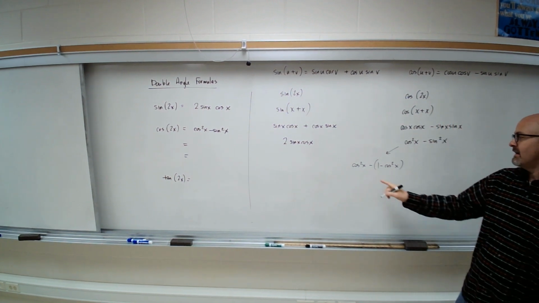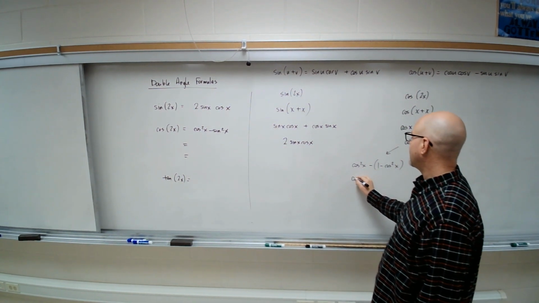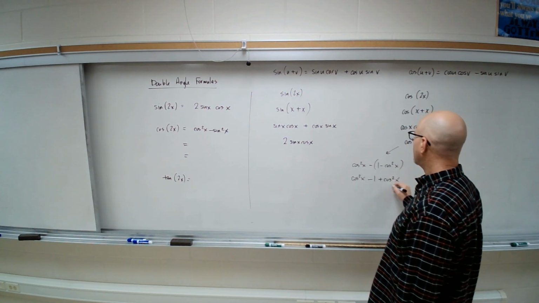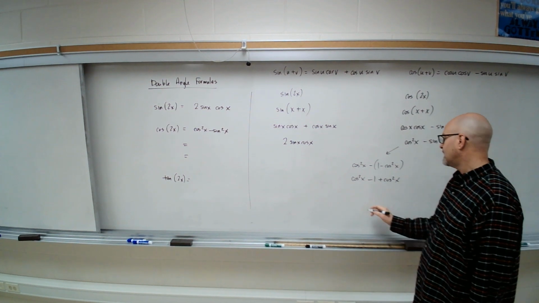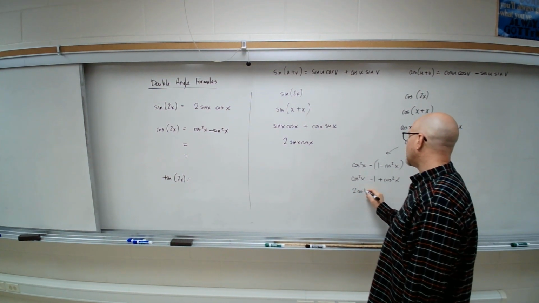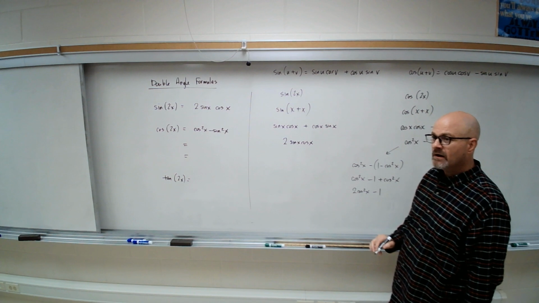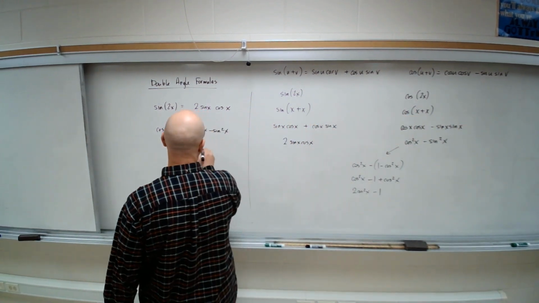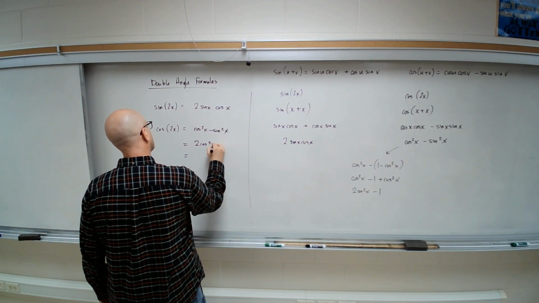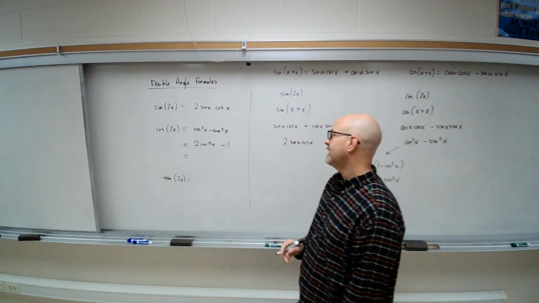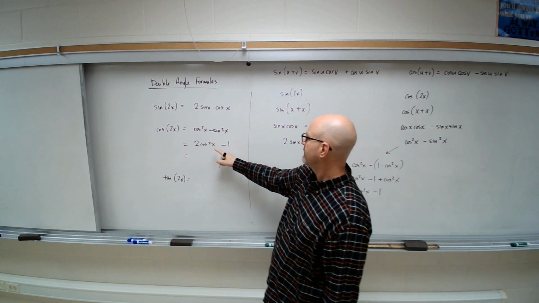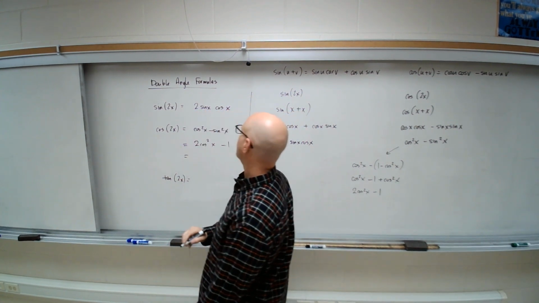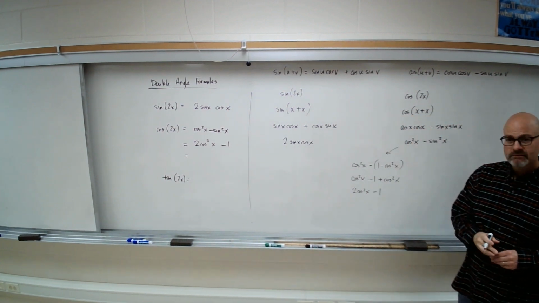Okay, when we do that, distribute the negative: cosine squared x minus 1 plus cosine squared x, and we get 2 cosine squared x minus 1. That's the second version.